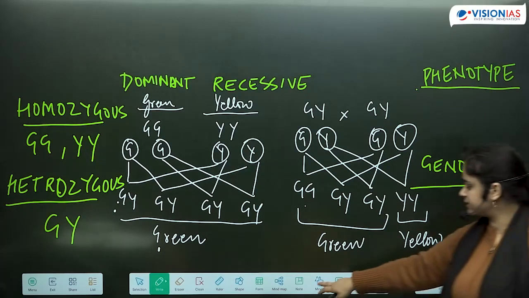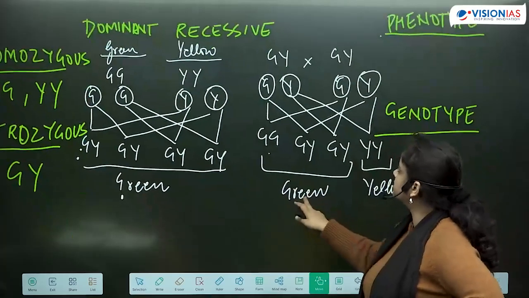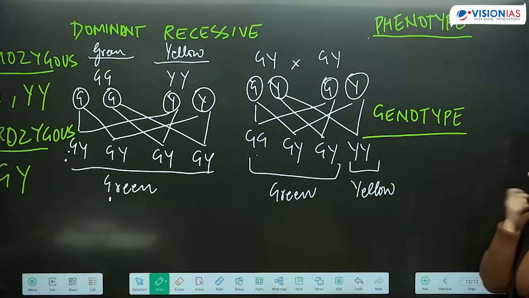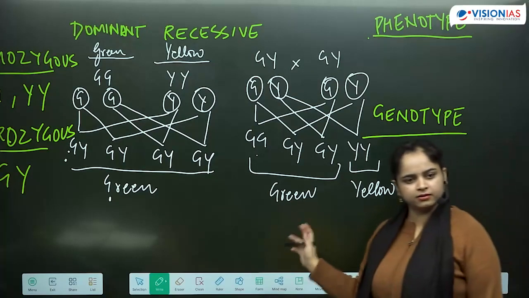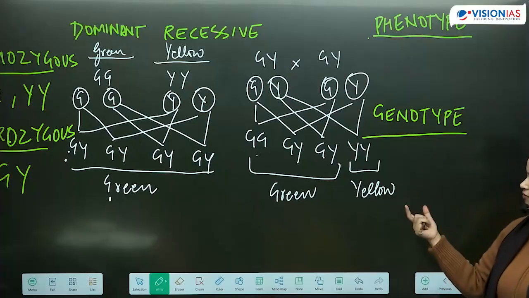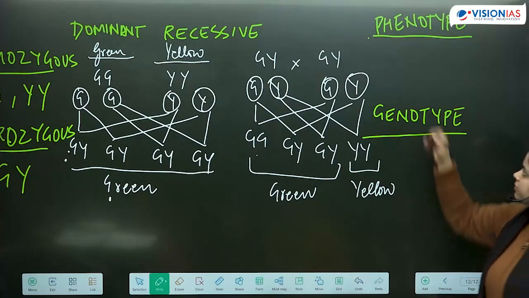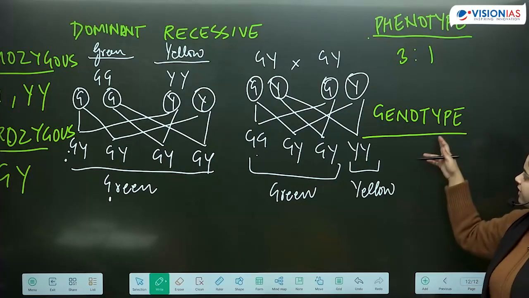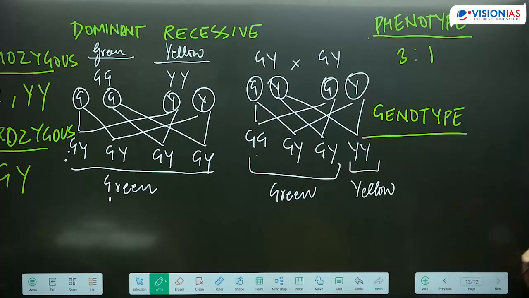If for this particular cross, I ask you, what will be the ratio of phenotypes? There are two phenotypes here, two colors, green and yellow. So what will be the ratio of green to yellow? It will be 3:1.